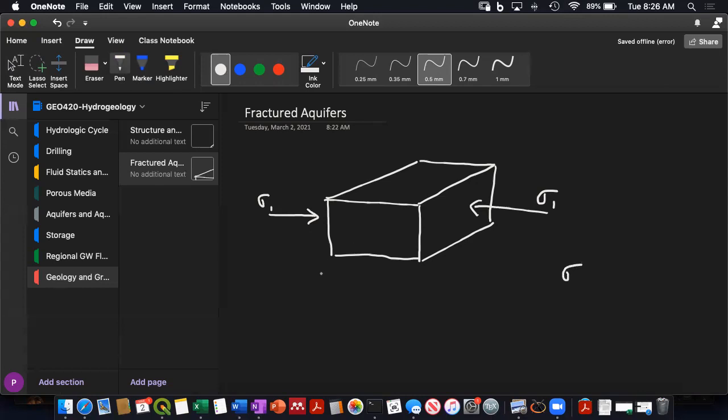And then we break it out: this is sigma 2, our intermediate stress. And then we have sigma 3, and this is our least.